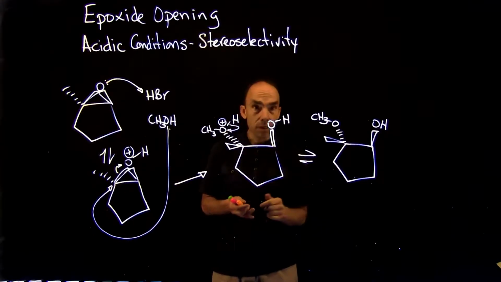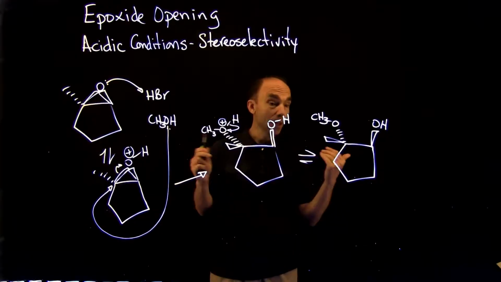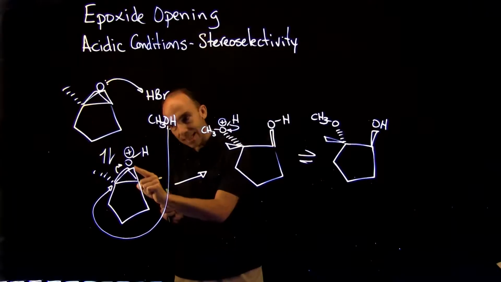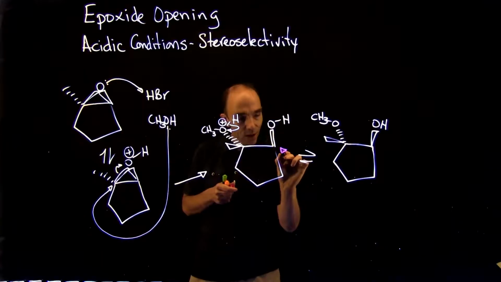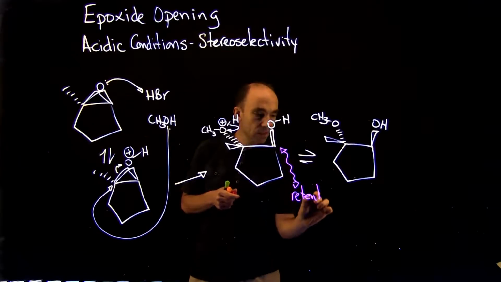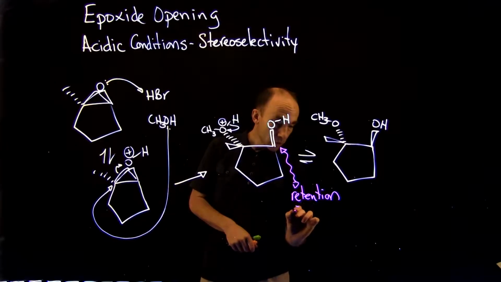Okay. As we did for the stereoselectivity in basic condition, let's look at the changes or what remained the same. So in this case, the CO bond here is retained. So that carbon here has retention with respect to the starting material. Why is there retention?